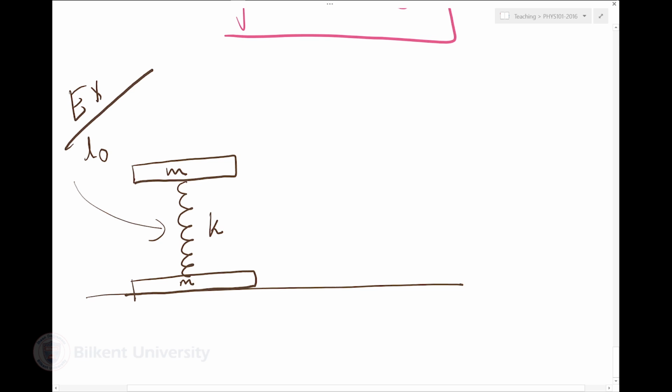Okay. So here's how the toy works. You basically compress it, and then you let go.